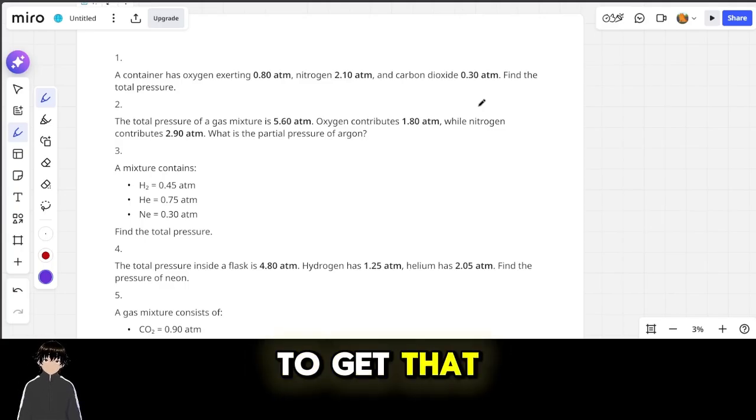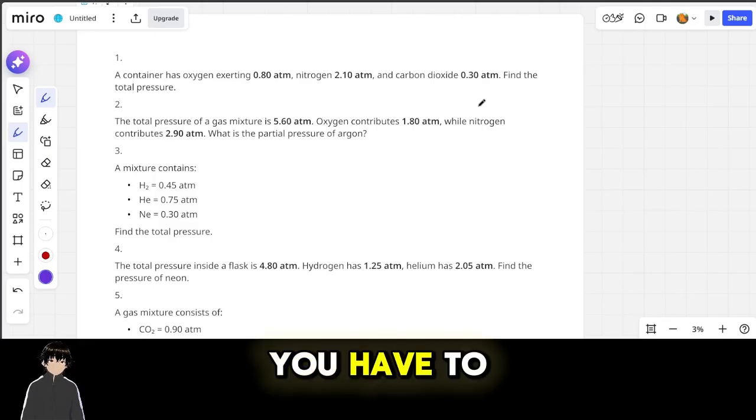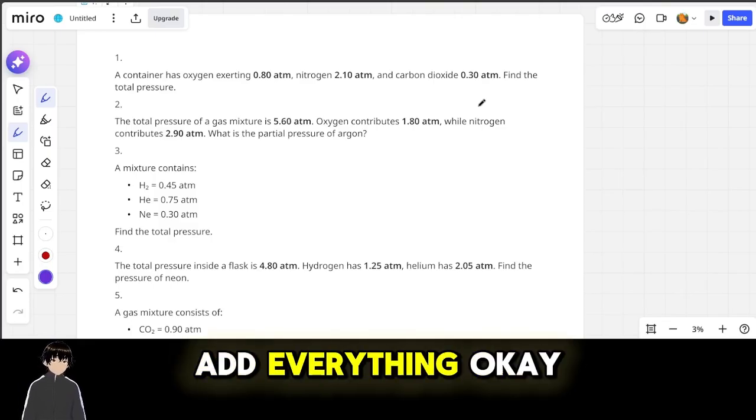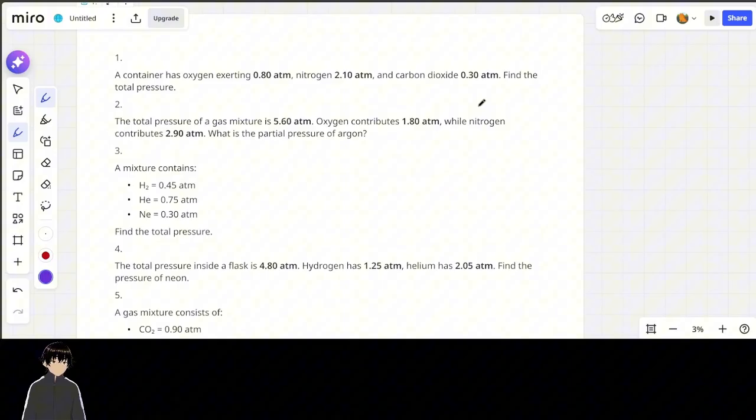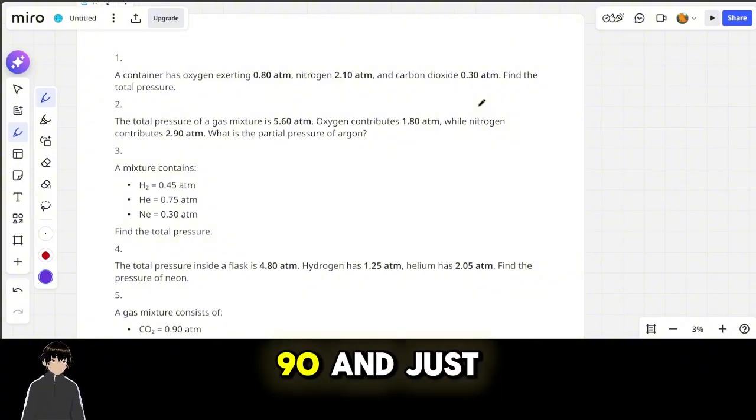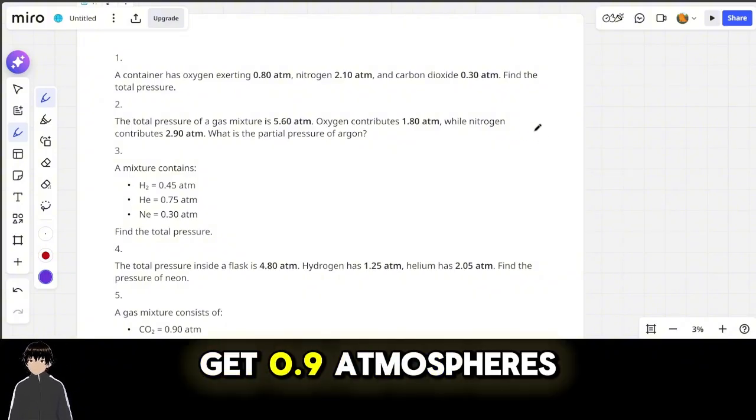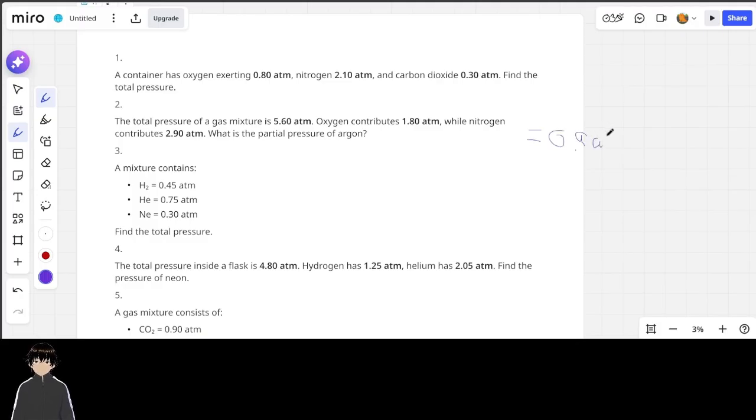Oh, you have to get that. You have to minus everything, not add everything. Okay, so that's 2.90. And just get 0.9 atmospheres. 0.9 atmospheres. It's going to be correct.